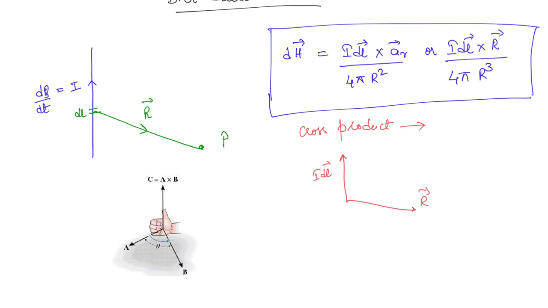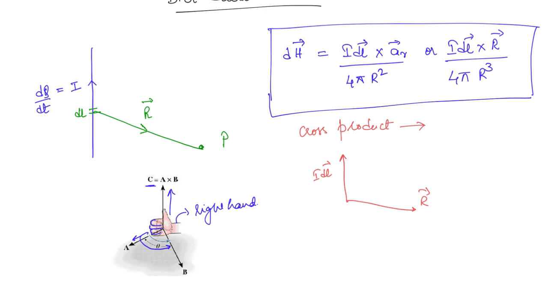Now you wind the fingers towards the second vector, from A to B. When this is done, the direction of the thumb is upward. That is how you get the direction of vector c bar.